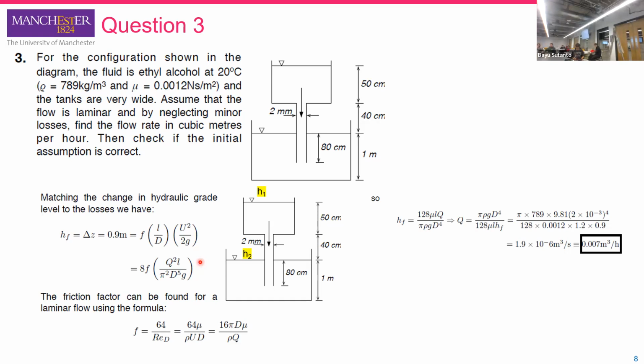But for the length of the pipe, it is from here, so 0.4 plus 0.8 is going to be 1.2.